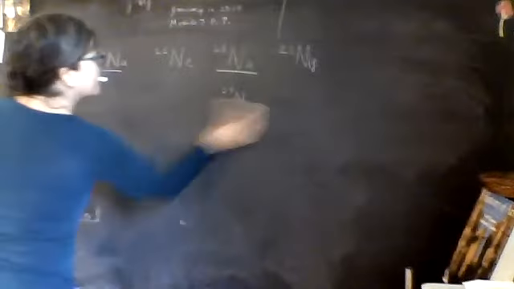Now we're looking at number 4. If light has a frequency of 1.2 times 10 to the 14 hertz, what is its wavelength? Okay, so here we need to know the equation. You're supposed to have it memorized at this point.